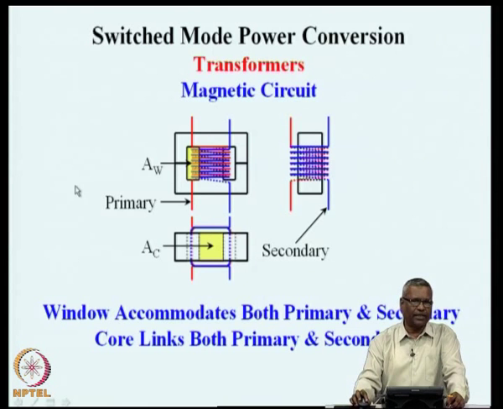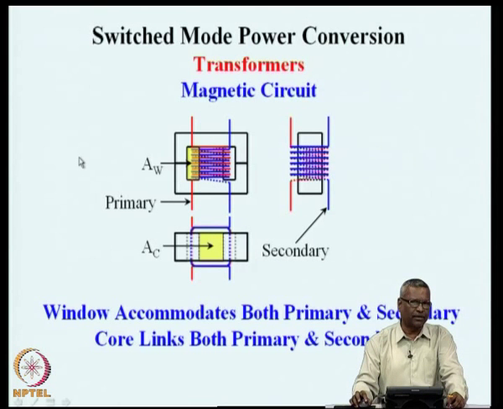Again, just like in the case of the inductor electromagnetic circuit, there are a few interesting geometrical shapes that we try to identify here. This cross section that is shown here as the core area is the area through which the magnetic field is set up. And you see here the cross section that is shown here as a rectangular part is the window through which the winding is wound.